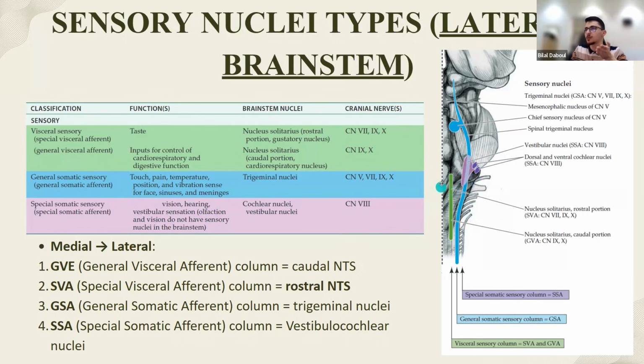And that's it for sensory nuclei. So what I need to emphasize is that motor nuclei are medially placed and sensory nuclei are laterally placed.